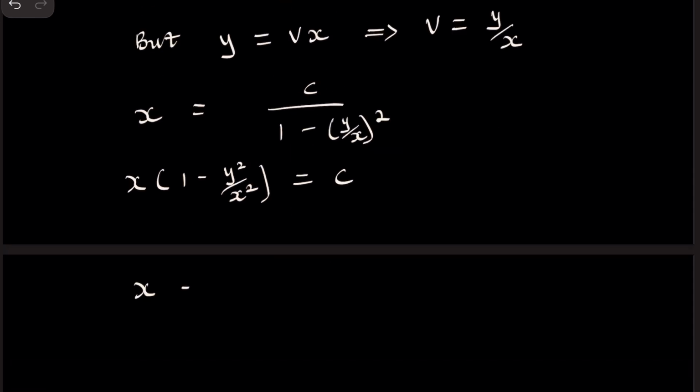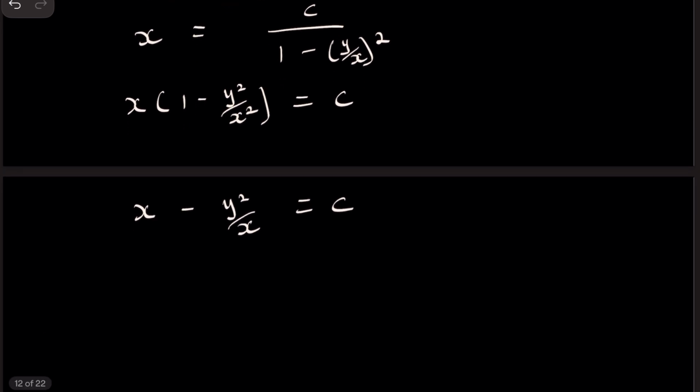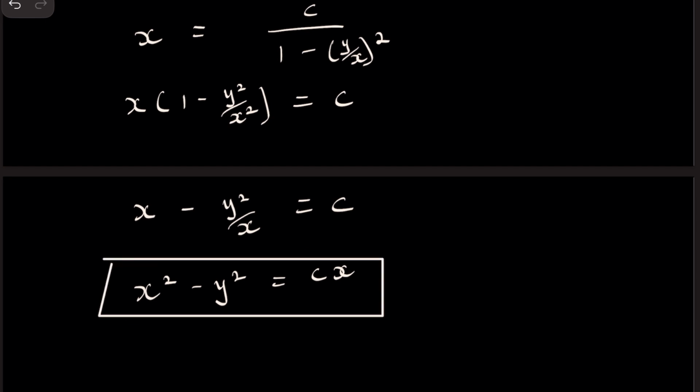Simplifying this gives x minus y squared on x is equal to c. So we can now multiply both sides by x. That's going to give us x squared minus y squared is equal to cx. And so this is our general solution to question number 1.